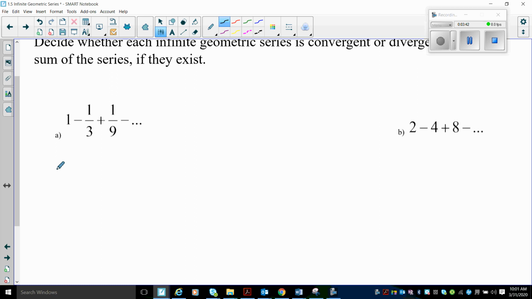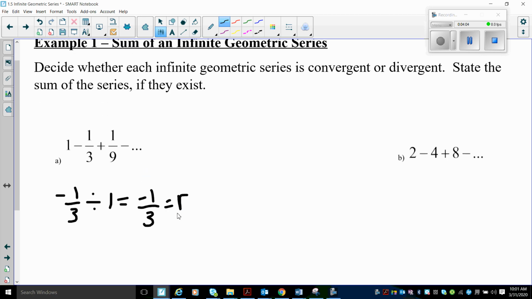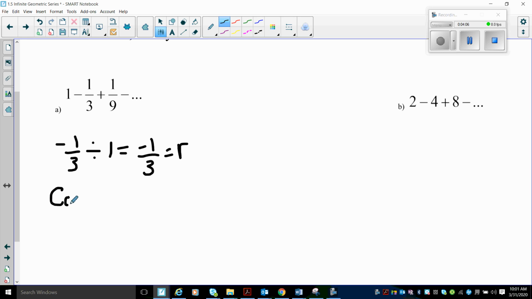So if I take -1/3 and divide it by the previous term, which is 1, I still get -1/3. So that would be my r. Because -1/3 is between -1 and 1, this is a convergent series, which means I can use my formula from the previous slide.